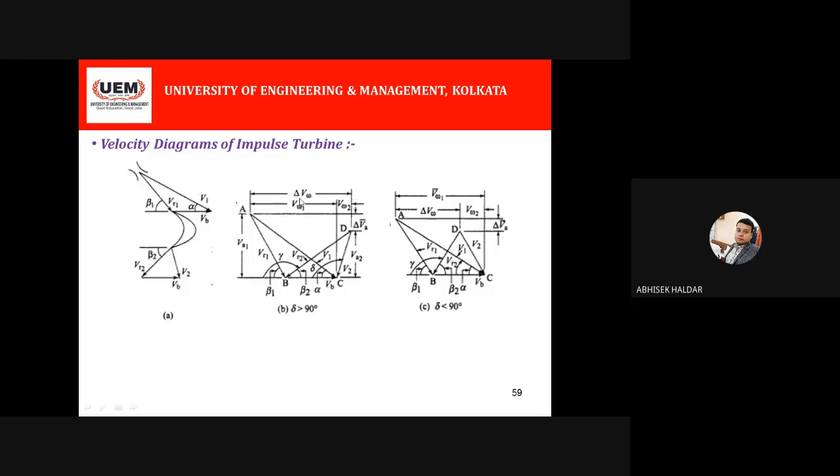But from which difference of velocity are we getting the power from the turbine? Delta VW or delta VA? Sir, delta VW. Anyone else?